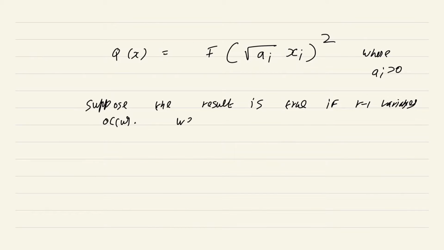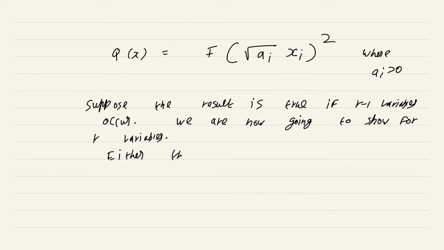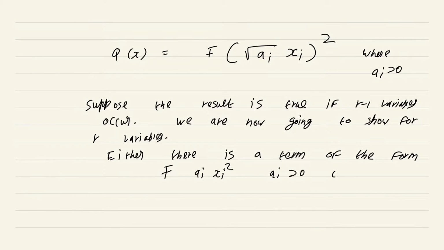We are now going to show it for r variables. Now there are only two possibilities. Either there is a term of the form plus or minus ai xi squared, ai greater than 0, or there isn't.